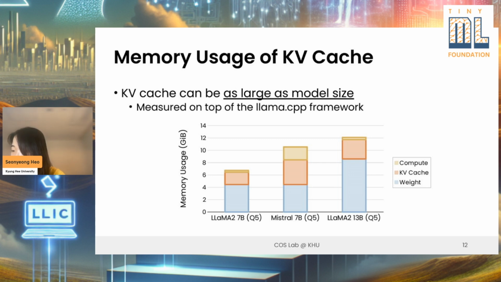Here it is shown that for 7 billion models, KV cache can be almost as large as the model parameter size. In the case of the Mistral 7 billion model, the size of KV cache is 4 gigabytes. So if we quantize the model for lower precision, then the memory overhead of KV cache would become dominant compared with the other components.